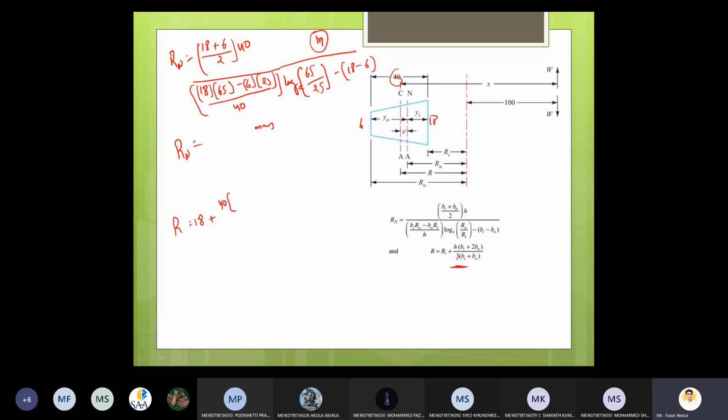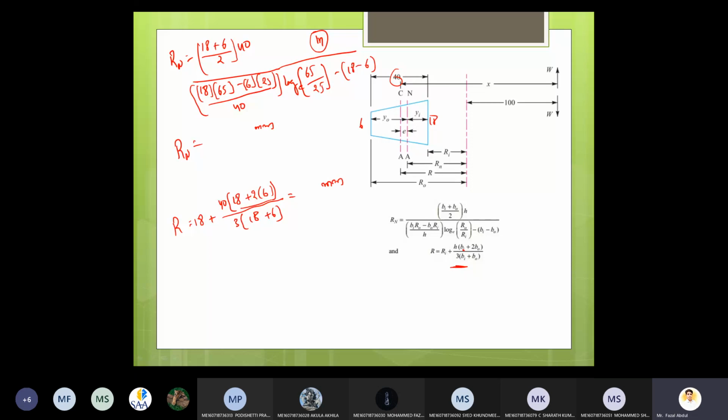I am seeing here and writing, directly substituting the values here. Okay. Bi, that is 18, plus 2 into B naught, that is 6, divided by 3 into Bi plus B naught, that is 18 plus 6. The answer of R in mm.